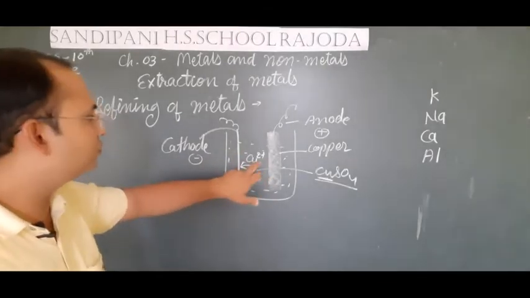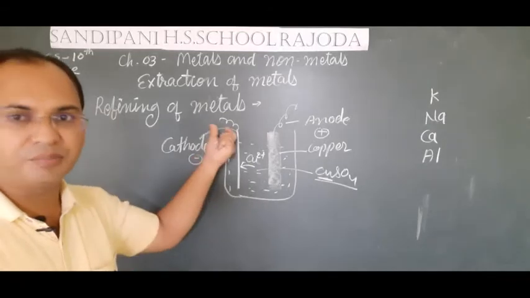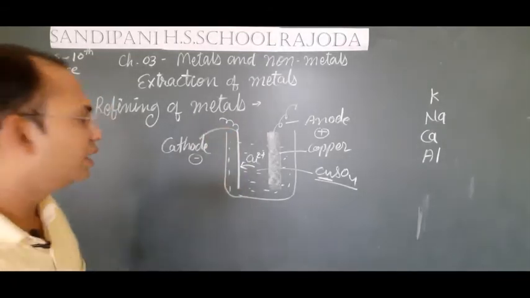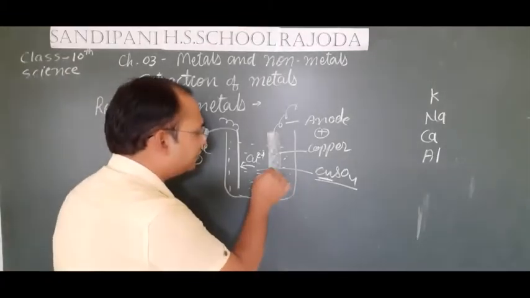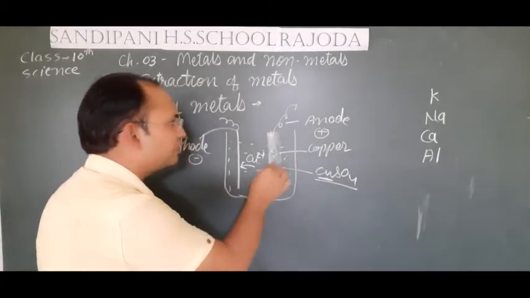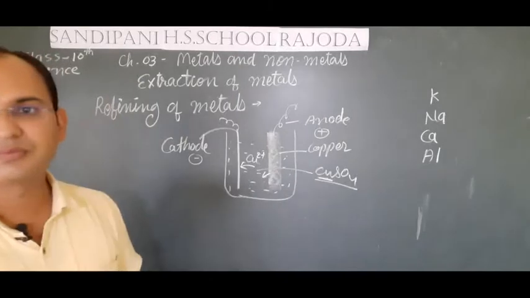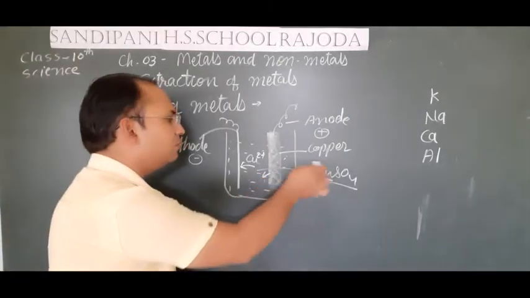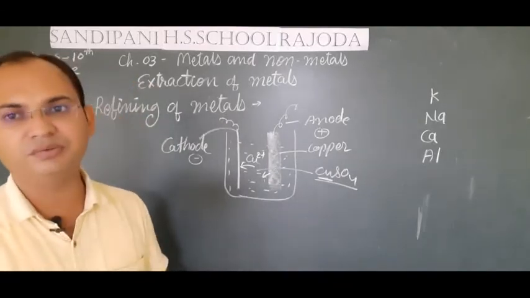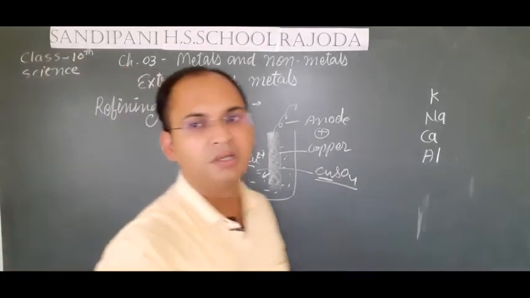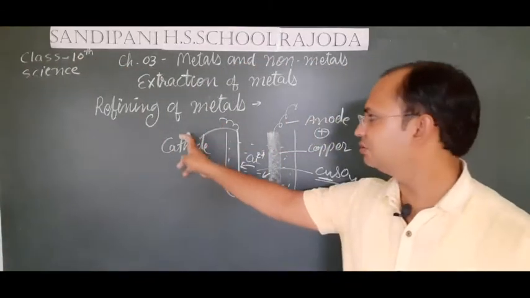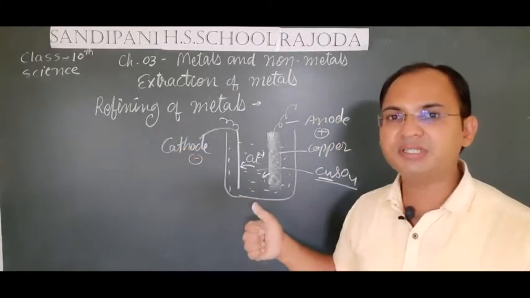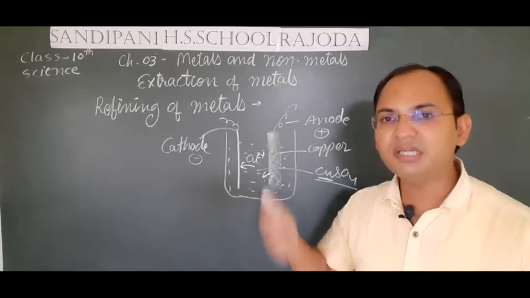So they will move towards the cathode and get deposited on the thin rod of copper, and at the same time the copper present in the anode in the form of impurities will start dissolving in the copper sulfate in the same amount. The amount of copper deposited at the cathode and the amount of copper dissolving in copper sulfate at the anode will be equal to each other.